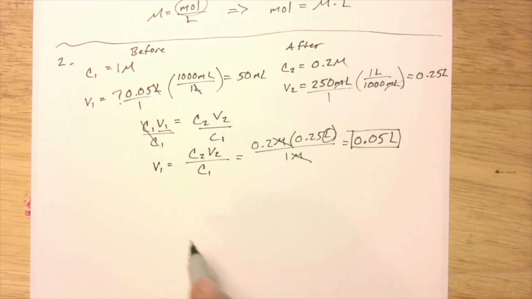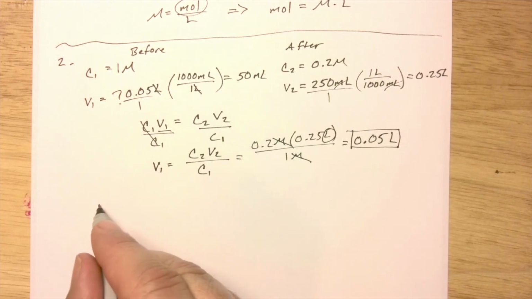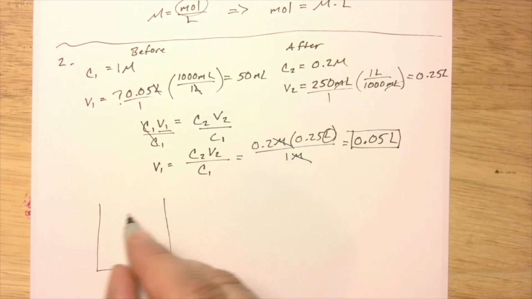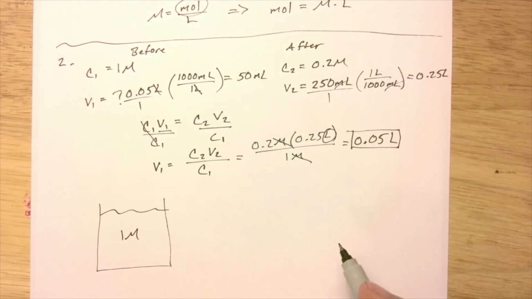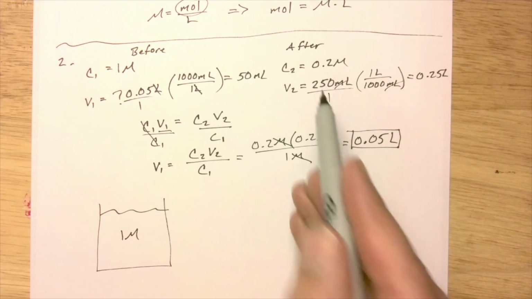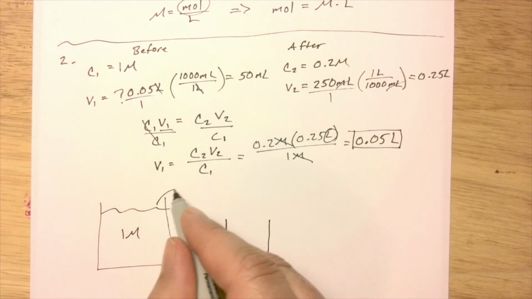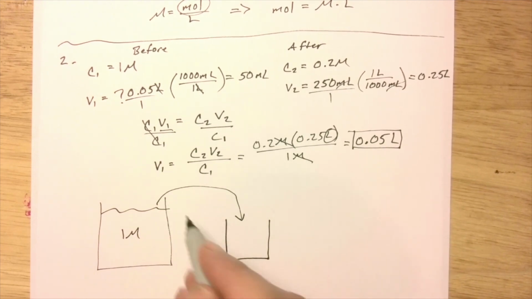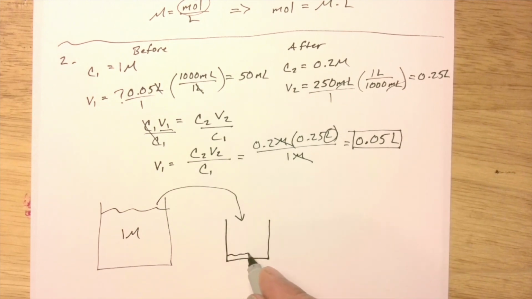So what that means is that if you have a stock solution that is 1 molar, okay, this is a 1 molar solution. In order to make this solution over here, I need to first take out of here the 1 molar solution, and the amount I need to take out is 50 milliliters.